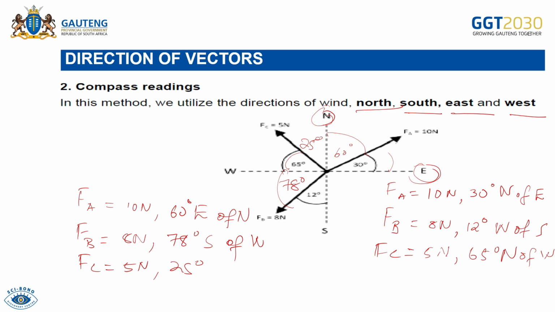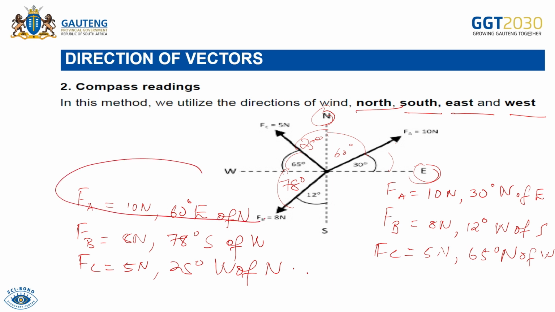So is that 25 degrees from north to FC or from west to FC? It is from north to FC. So I will say of north, because that 25 is from north to FC. Then west of north.